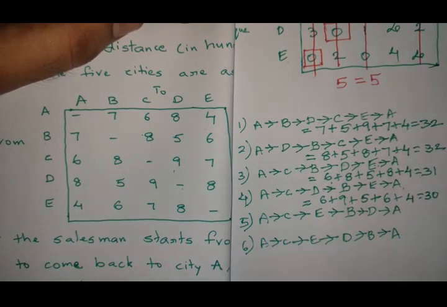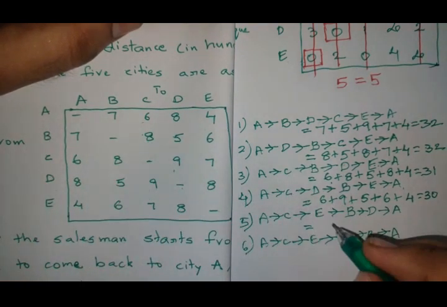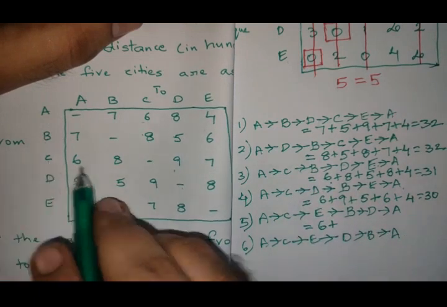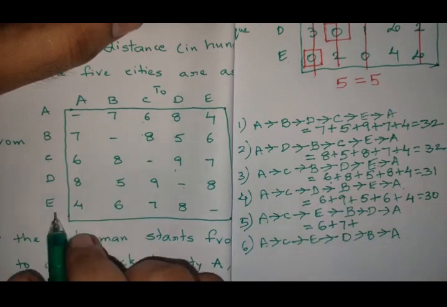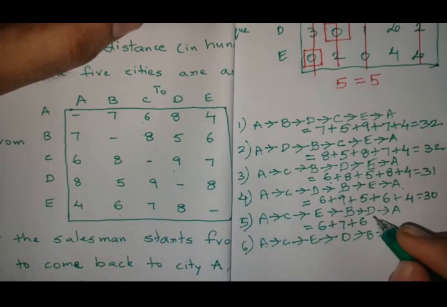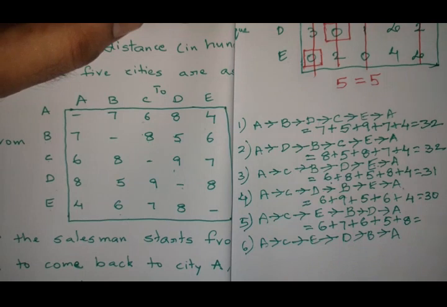Next, fifth route, A to C 6, C to E 7, E to B 6, B to D 5, D to A 8. Total 3200 miles.